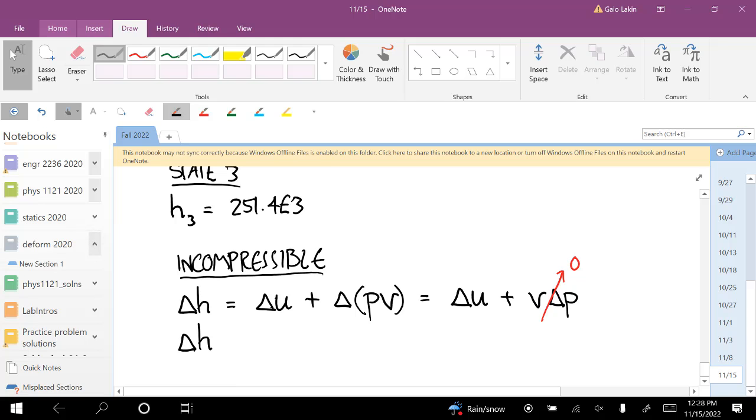And so we get that the change in specific enthalpy is just equal to the change in specific internal energy, which is c times the change in temperature. And for liquid water, the specific heat is about 4186 in SI units. And then the change in temperature is the temperature at the exit that we're trying to calculate minus the temperature at the inlet, 10 degrees Celsius.